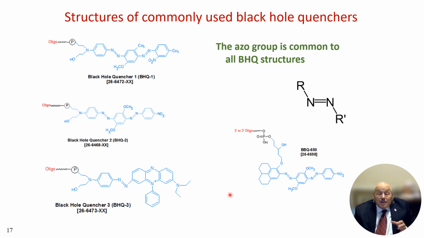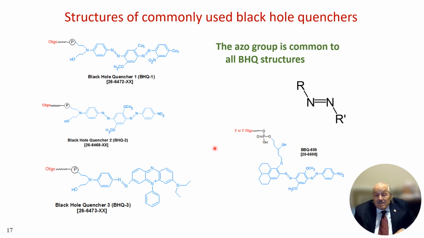And there are efforts to make the region of the black hole quencher wider and wider. I had a couple of papers on that, but they were complex to present, and the basic idea was to design a black hole quencher with multiple transition moments in it. But anyway, let's look at the quenchers. Every one has an azo group in it.